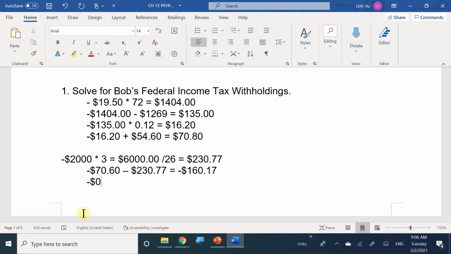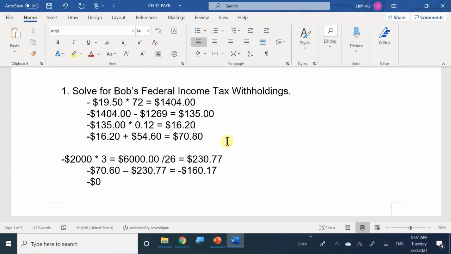Okay? I just have a question. Yes. Because it's 70.60 or 70.80? I asked him if it's 70.60. Where do you find the 70.60? It's this number right here, how much he's supposed to be subject to be taken out from his paycheck, the federal income tax withholdings.